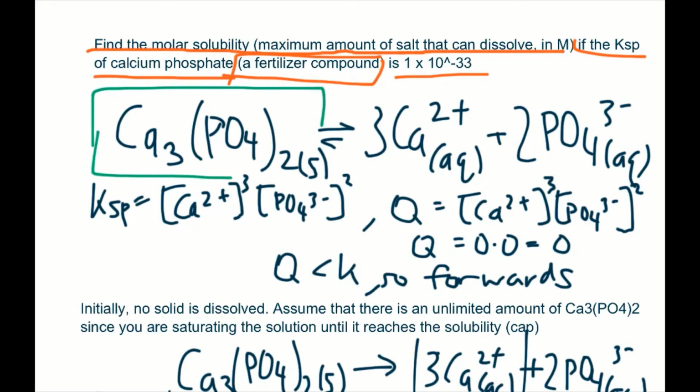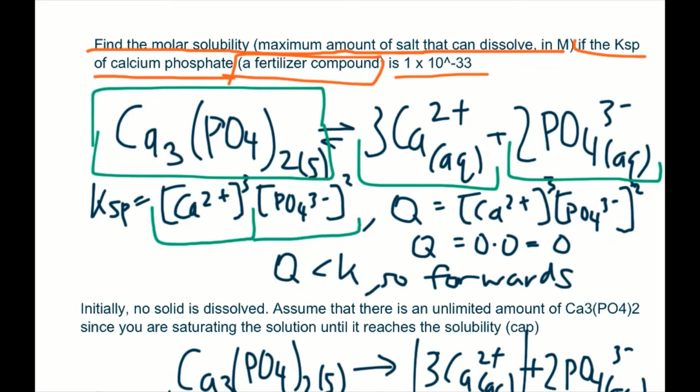So this solid is calcium phosphate, and I balanced out the ions so that the charges cancel out, and it dissociates into 3 calcium ions and 2 phosphate ions, and they're both aqueous. So our Ksp is equal to the concentration of calcium ions cubed times the concentration of phosphate ions squared, because remember, we're looking at the coefficients.